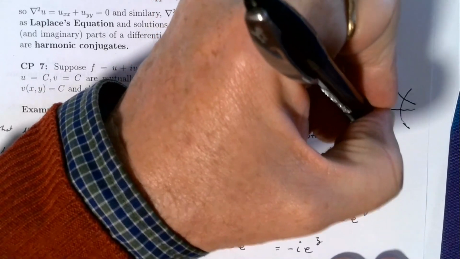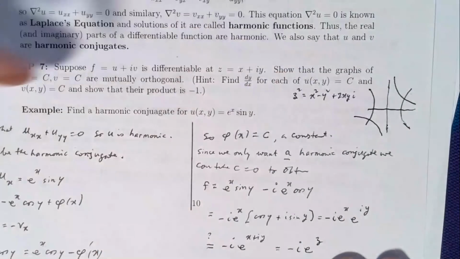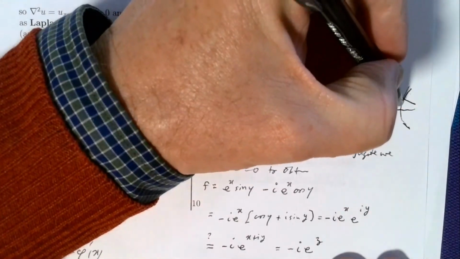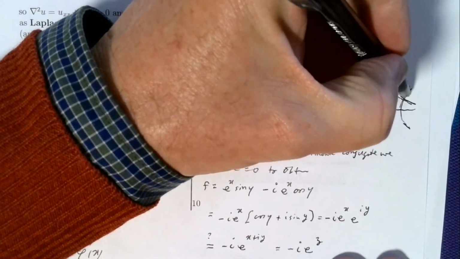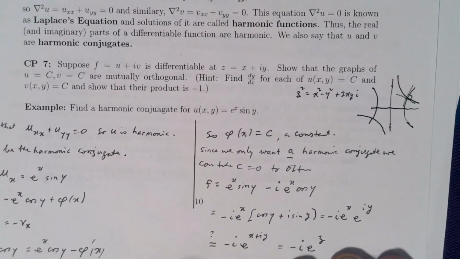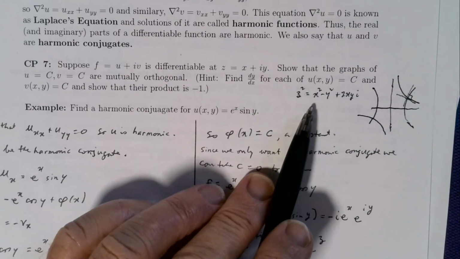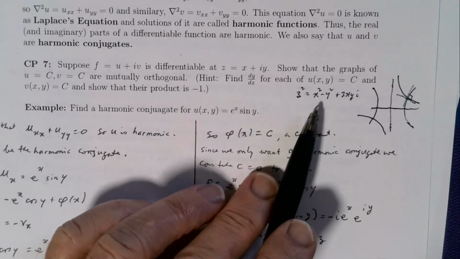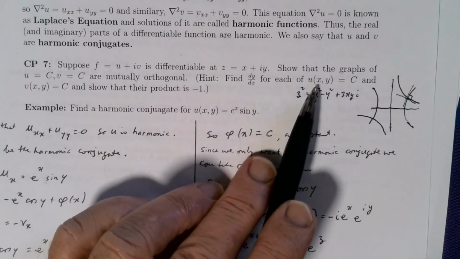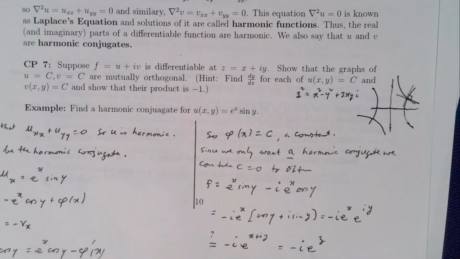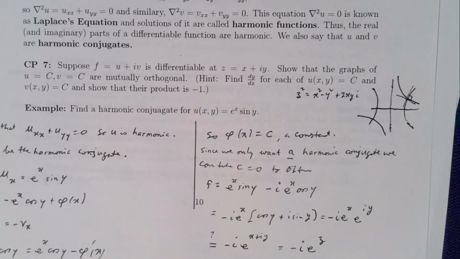And what we're claiming, by this challenge problem for you to do, is that the tangent lines meet at a right angle. And this happens in general; this is just a particular example. It happens in general that the real and imaginary parts, if you put them equal to a constant and draw the pictures, intersect at right angles. They're mutually orthogonal.